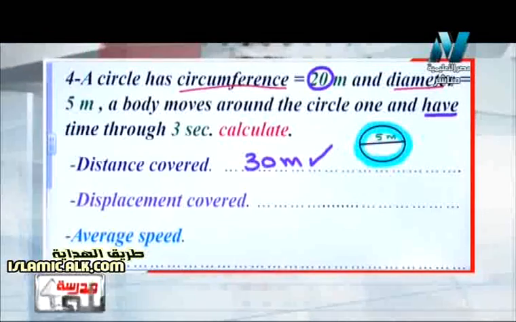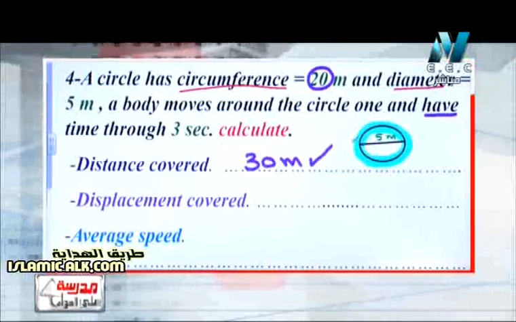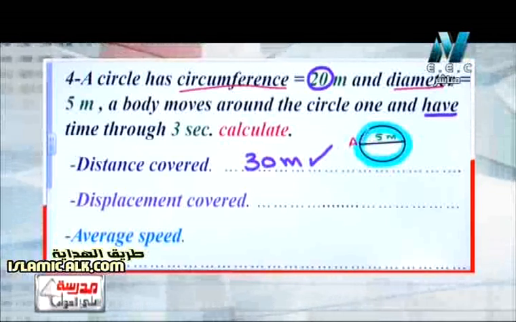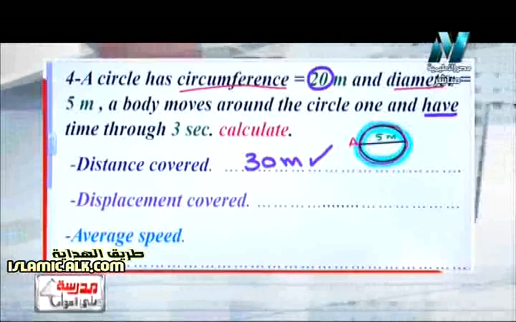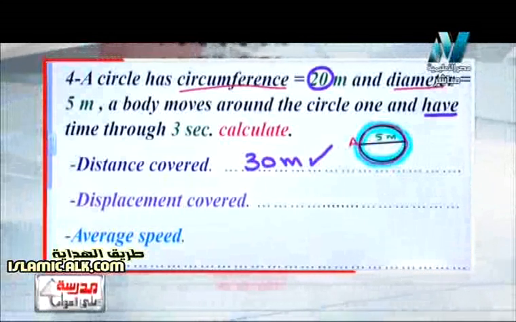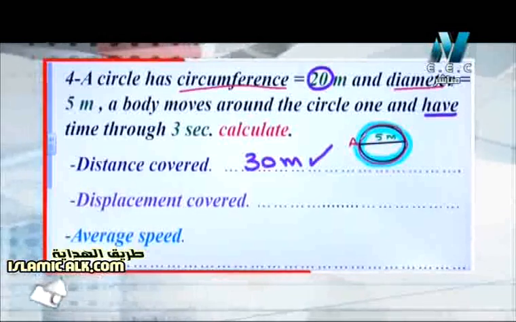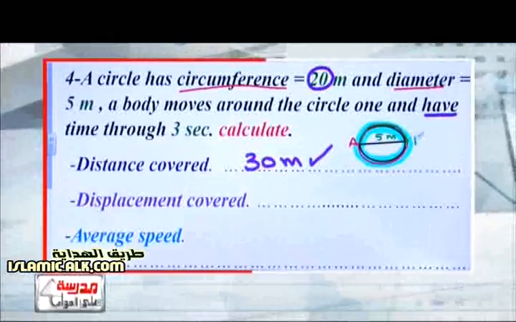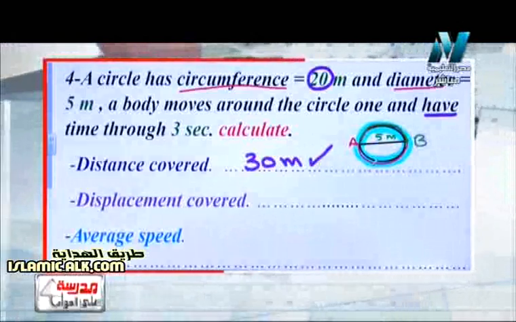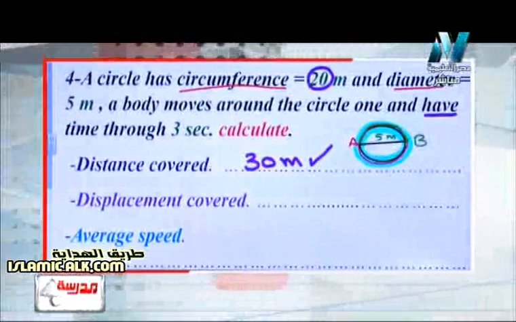So the body moves 1.5 times. It was at a point A, moves 1 round, right? Then moves half a round. Where does it end? At point B. So we know displacement now.